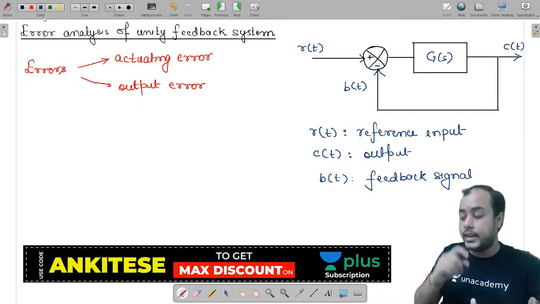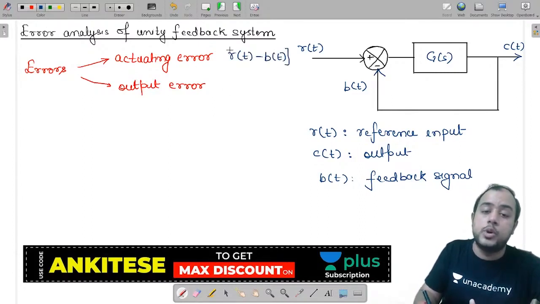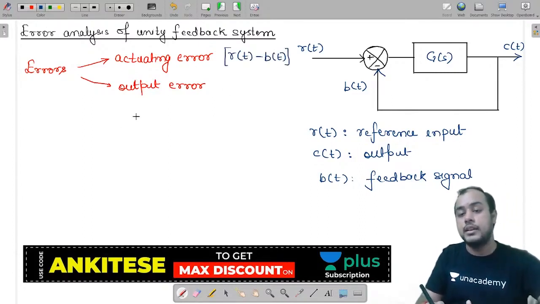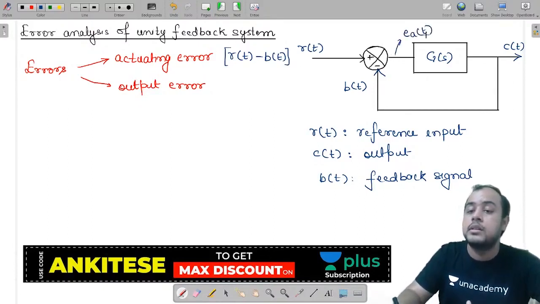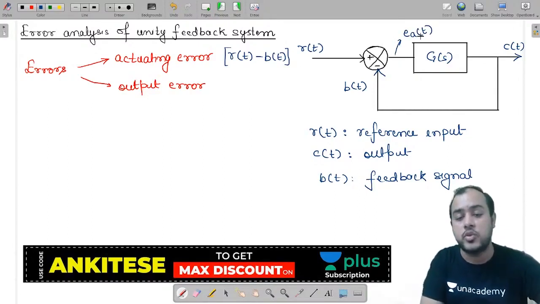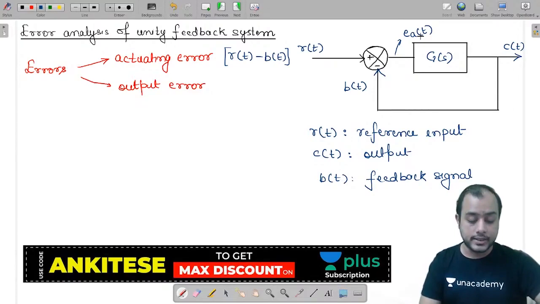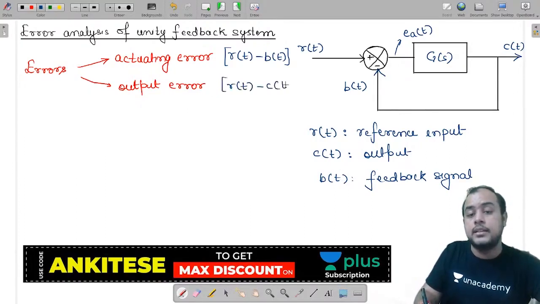So what is actuating error? Actuating error is nothing but the difference of your input and the feedback signal. That means the output of the summing element is called your actuating error. Then output error is nothing but R(t) minus C(t).